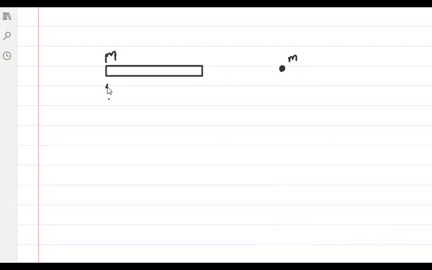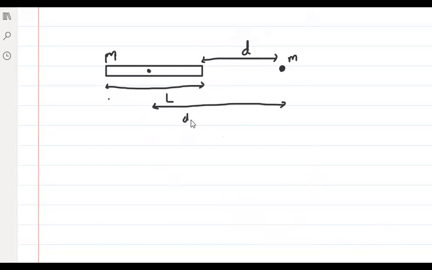The length of the rod is capital L, and this distance is given as D. Now visualize the force. The center is at this distance, so it will be D plus L by 2. So force is equal to capital G, small m, capital M divided by D plus L by 2 whole square.